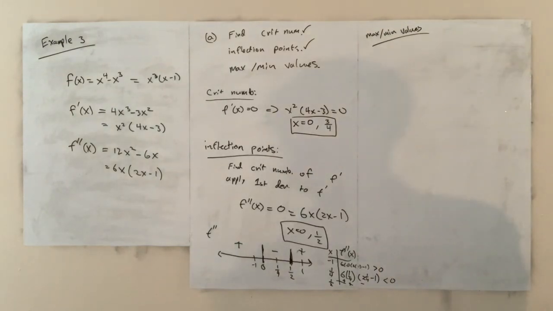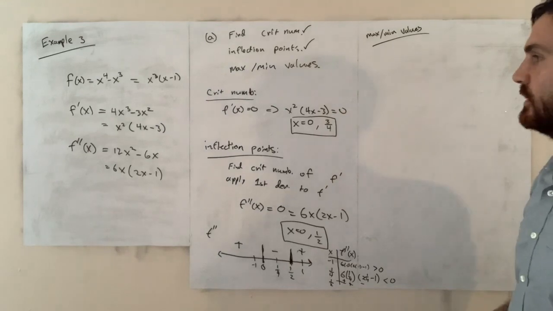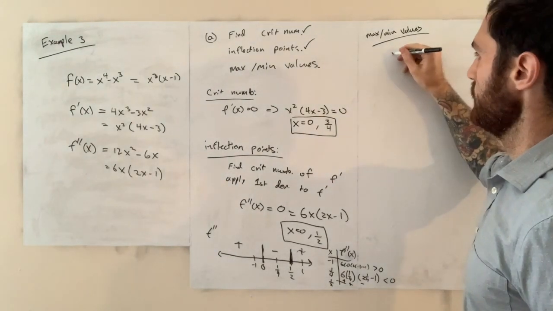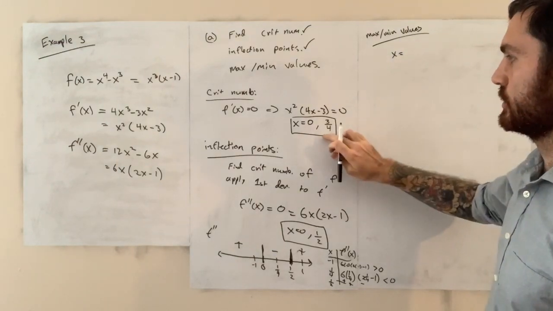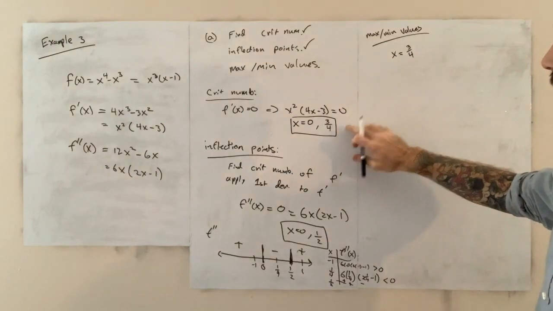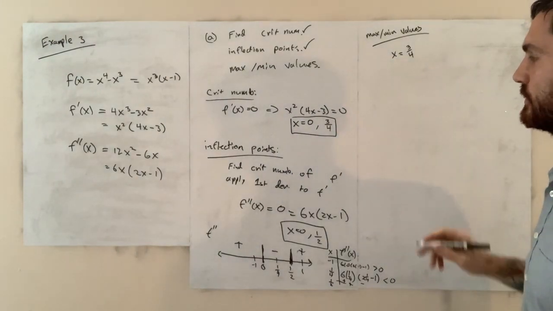Well, I can use the second derivative test to help determine that. So maybe I want to judge the critical numbers. What happens at x equals 3/4?